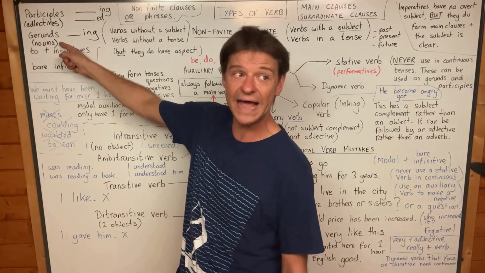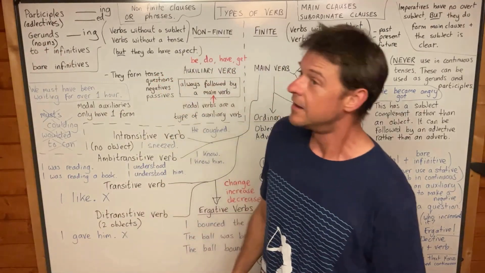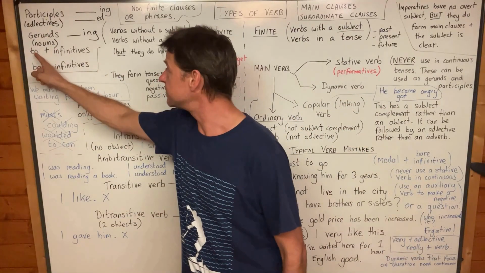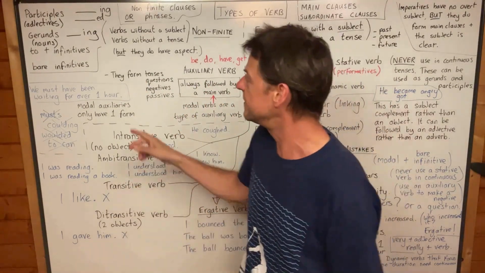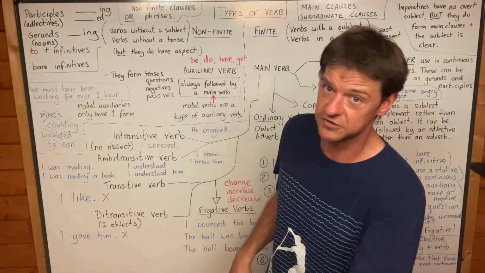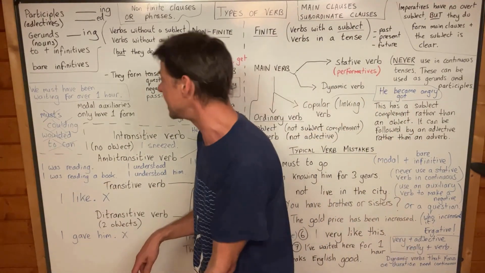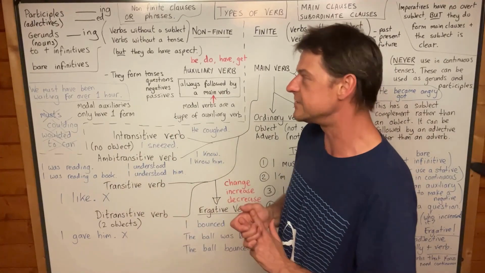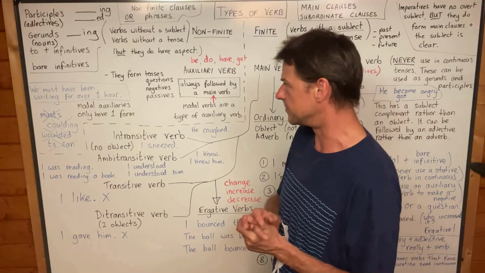Sometimes they're functioning as nouns, and we call those non-finite verbs gerunds. Sometimes it's a to plus infinitive phrase, and a to plus infinitive might be functioning as a noun, it might be functioning as an adjective, it might be functioning as an adverb. Yeah, it can do a lot of different things, the to plus infinitive phrase. So it's very, very flexible.